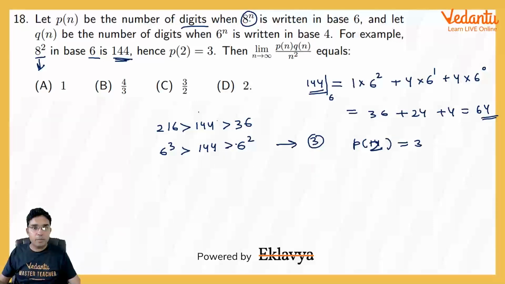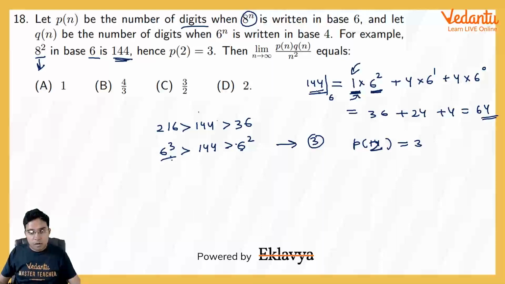The 2 is coming from 8 power n. So the number of digits in 8 square is 3, and why it is 3, you can see that because 144 is between 6 square and 6 cube, so the digit with the highest numerical value will be multiplied with 6 square, not with 6 cube or higher, because this number is bigger than 6 square but less than 6 power 3.